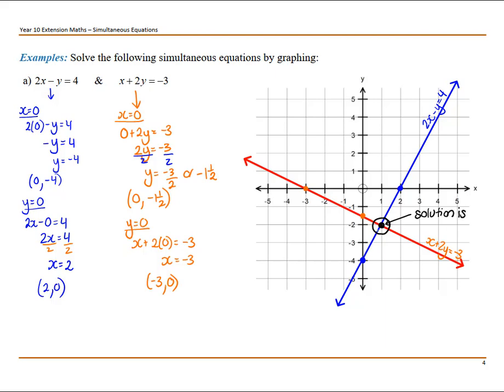So the solution is 1, negative 2. Or if you wanted to, you could write it as x equals 1, y equals negative 2, whichever option you want.